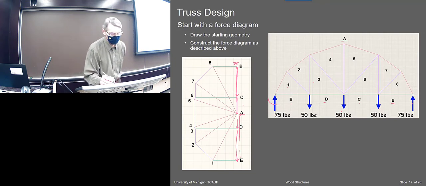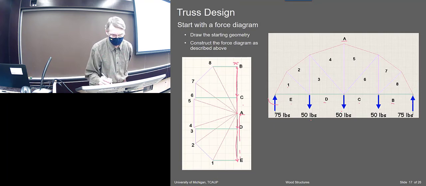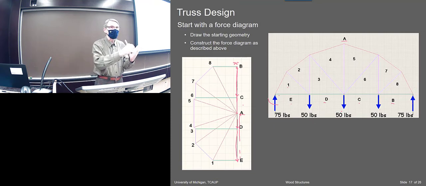And then I put all these in, the slopes of each of these lines match the slopes of the actual members, because it is a force diagram, and it is an axially, what do you call that, two force members.